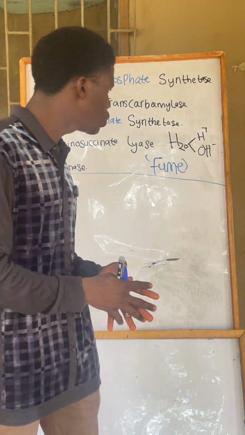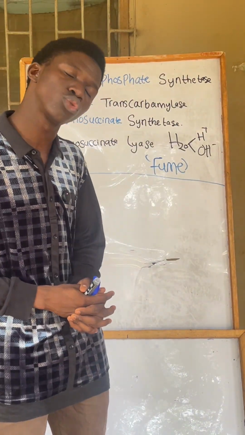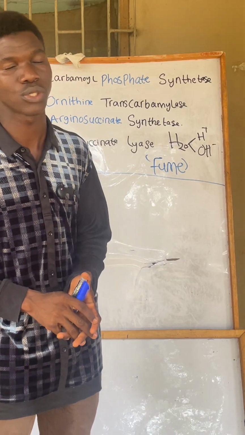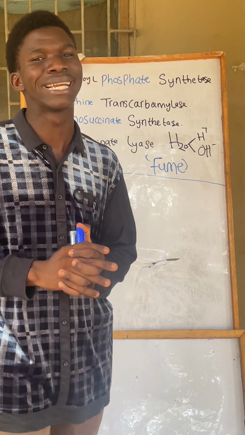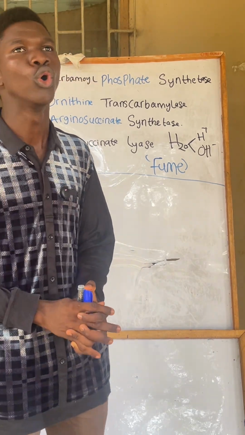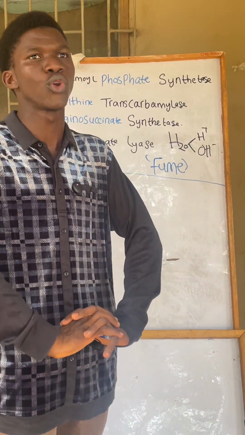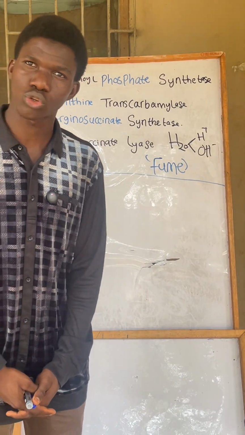In order for the urea cycle to be simple for you, you also need to understand the structure of your arginine. You need to know how you draw the structure of your arginine. Are you with me? So how do we draw our structure of arginine?